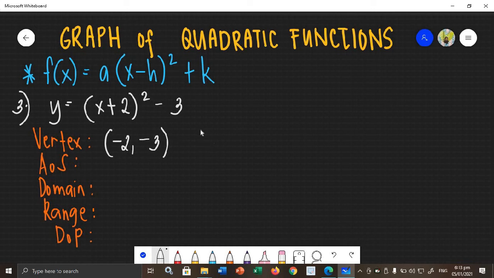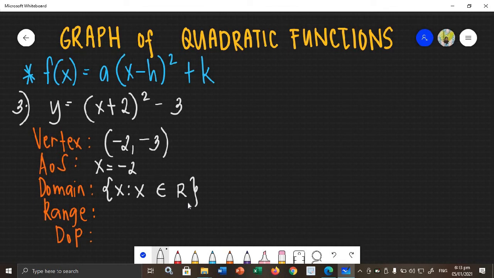So our vertex is at negative 2, negative 3. The axis of symmetry is equivalent to the value of h, which is negative 2, so x is equal to negative 2. The domain is the set of all real numbers.